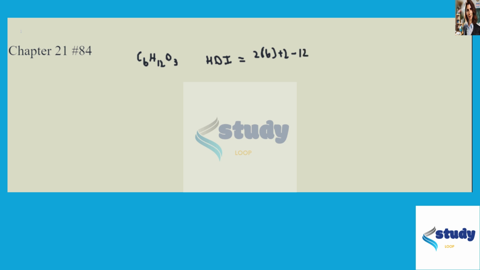All of that over 2, and that's our HDI. So 12 plus 2 minus 12 is 2, divided by 2 is 1. So we have an HDI of 1, so there is one double bond or one ring in this molecule.